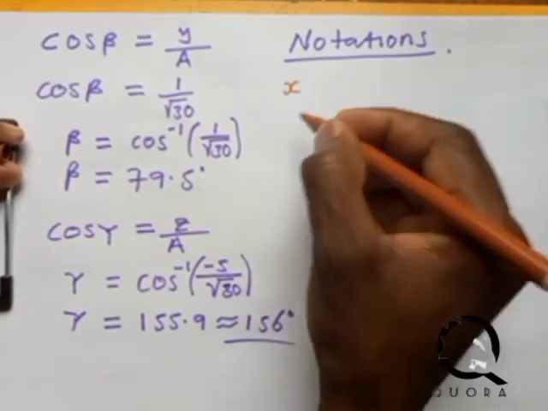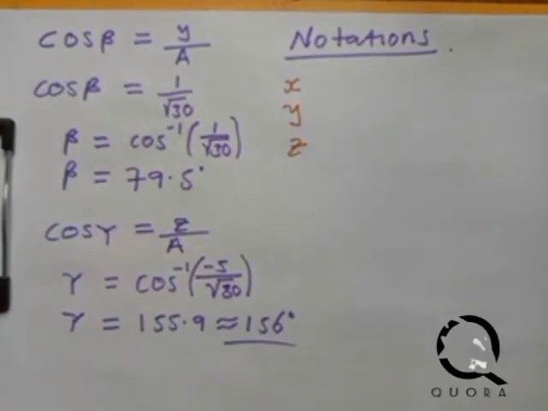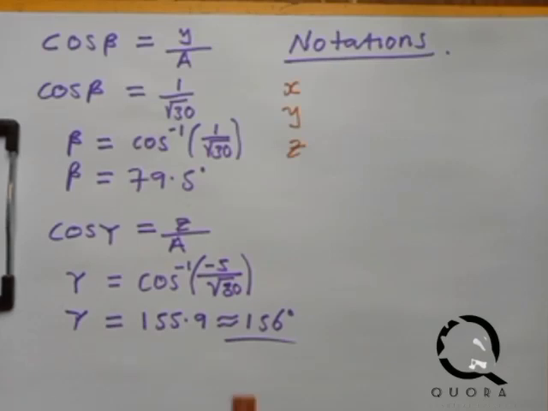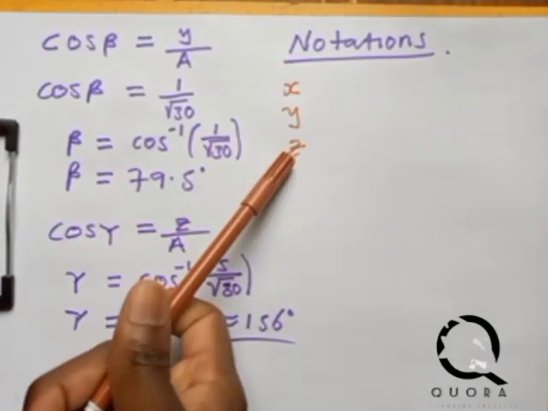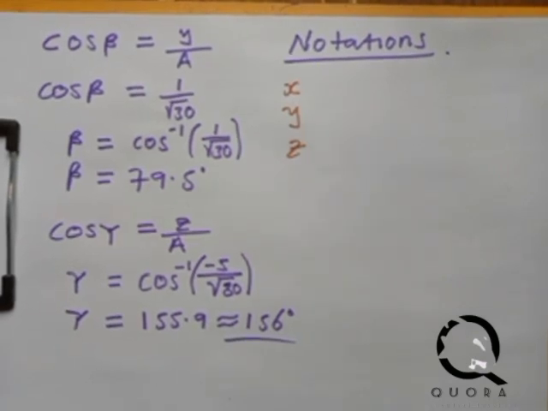So x-axis, y-axis, z-axis. In other words, a vector can also be given without these letters x, y, z, like what I'm doing here. We said A has to be equal to 2x plus y minus 5z.